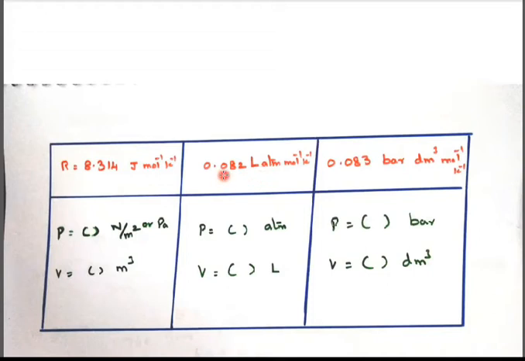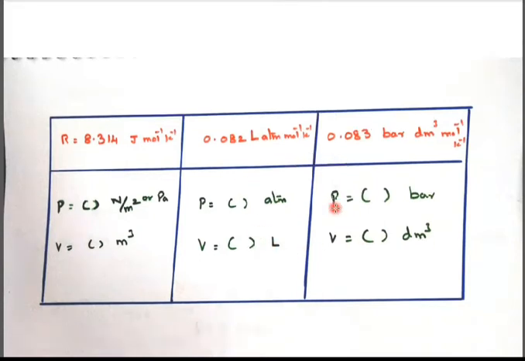Similarly, R is 0.082 liter atmosphere per mole per Kelvin, where pressure is in atmosphere and volume is in liter. And 0.083 bar decimeter cube per mole per Kelvin, where pressure is in bar and volume is in decimeter cube. So please learn this tabular column and these values of R by heart.